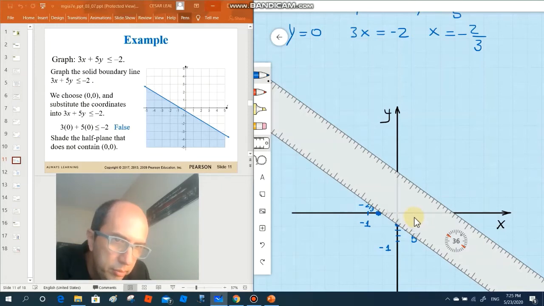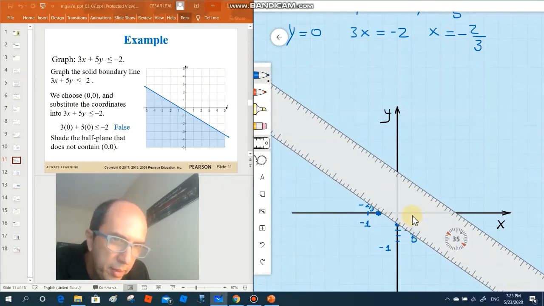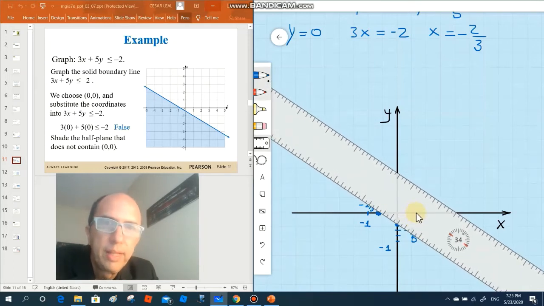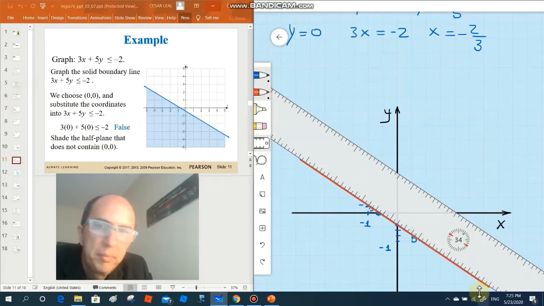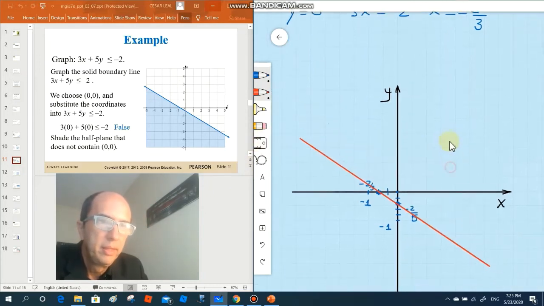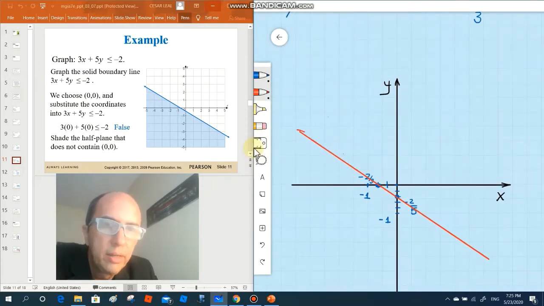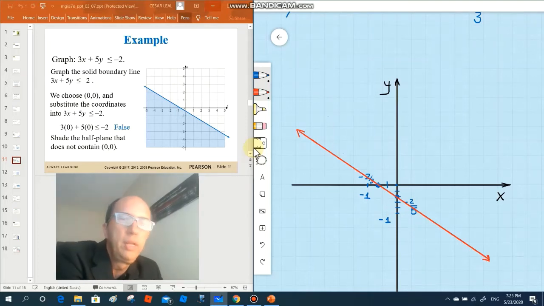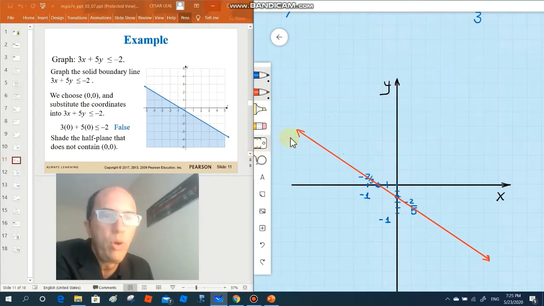The ruler goes through those points. Let's use red, and this is the line. Is it continuous or dashed? Solid line, because of the equal sign in the inequality. And remember, these lines go all the way to infinity. The line needs to have these arrows to represent that.